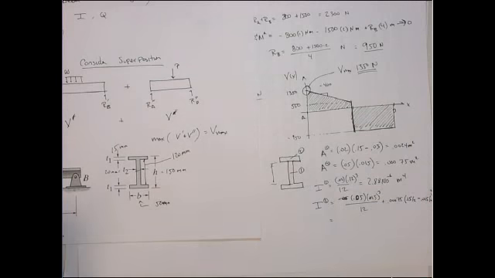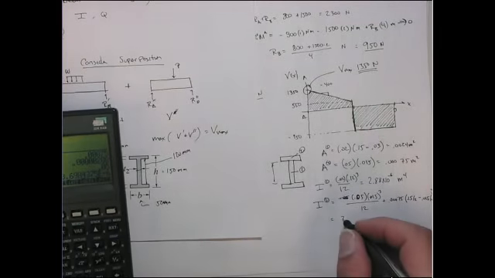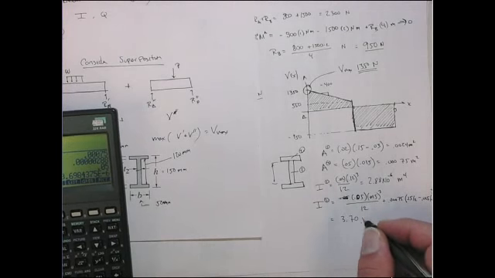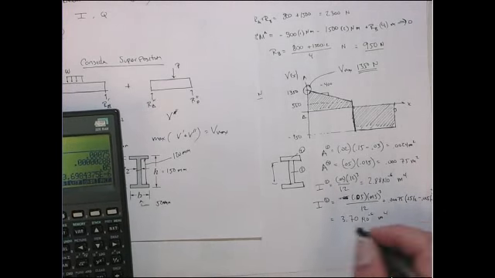So that then becomes 0.05 times 0.015 cubed, divided by 12, plus 0.00075 times 0.15 minus, so this is 0.0675, square that, add those two together, and this becomes 3.70 times 10 to the minus 6 meters to the fourth.